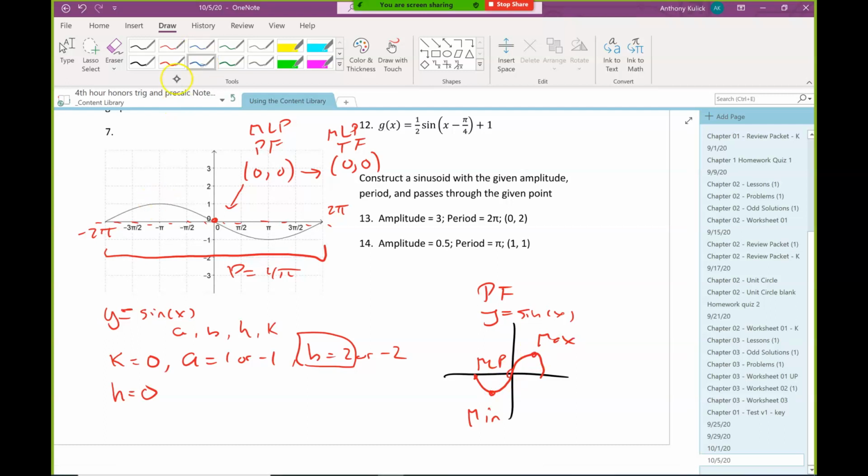Our graph over here, though, goes from max to midline point to minimum. Notice that's the opposite order. So that tells me that the a should be negative. When you're using a sine function, you have to be careful about that.